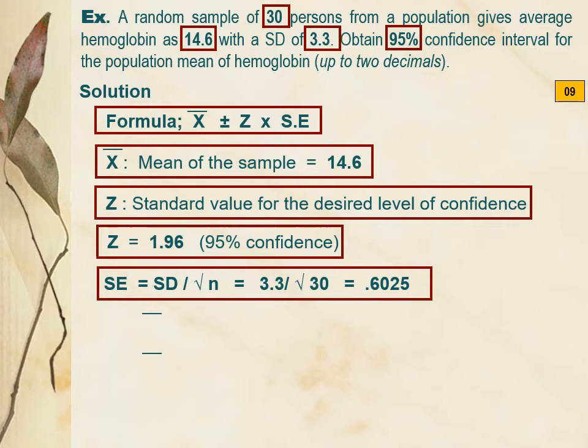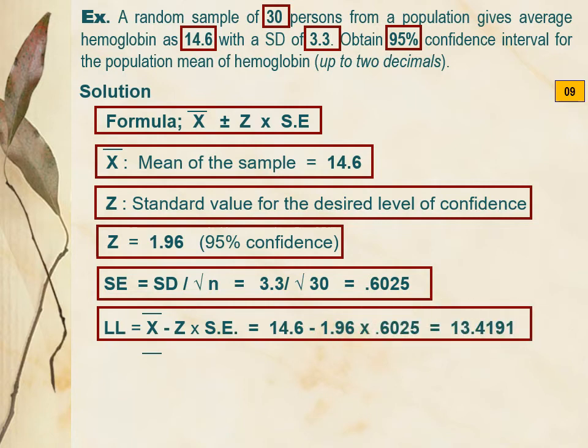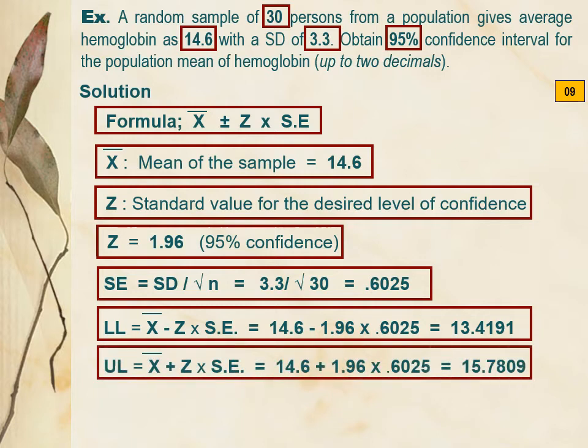For lower limit you need to subtract the Z into SE value from X bar. So lower limit is 13.4191. For 2 decimals it will be 13.42, and upper limit, you have to add it, is 15.7809, and at 2 decimal places it will be 15.78.